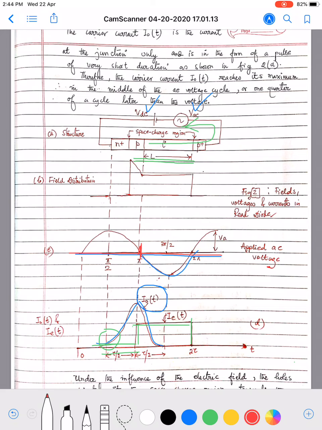Thus, on an average, the external current IET, because of the moving holes, is delayed by pi by 2, or 90 degrees, relative to the pulsed carrier current I0t. Since the carrier current I0t is delayed by 90 degrees with respect to the AC voltage, IET is delayed 180 degrees relative to the AC voltage.